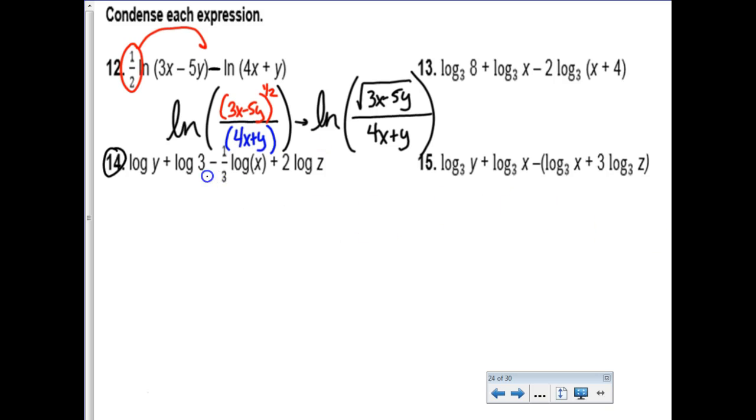So one thing I notice is that this right here, this is the only part of the question that is subtracted, which means that is the only stuff that's going to be in my denominator. Everything else is log plus log plus log. So how do you condense or join log plus log plus log? You'd multiply all those together.